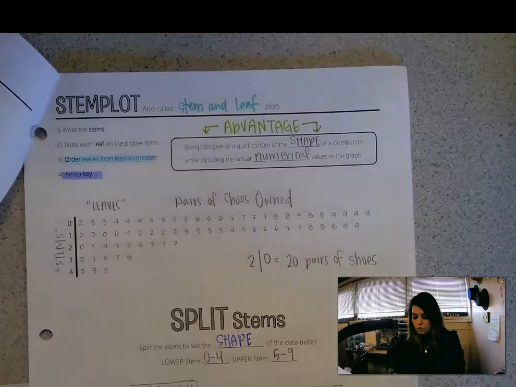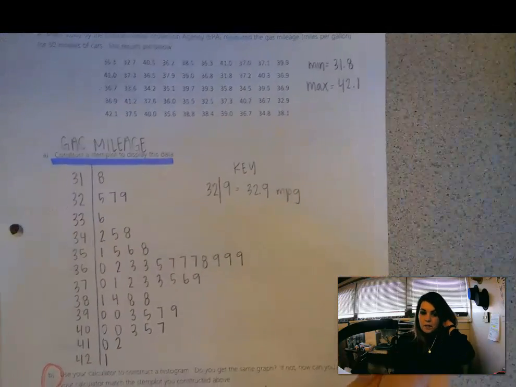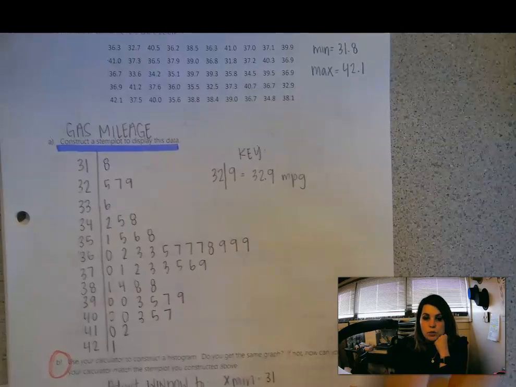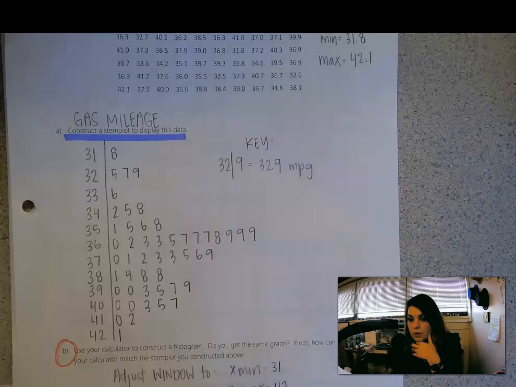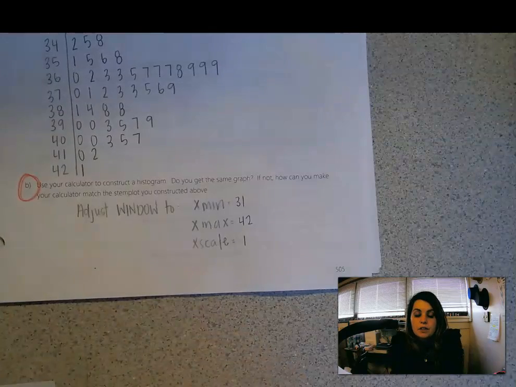Okay, number 1 went pretty well because I started this for you in class. This is the gas mileage stem plot. Almost everybody had the key and the stem plot was set up correctly. What a lot of people got wrong is the next part: use your calculator to construct a histogram of the same data.